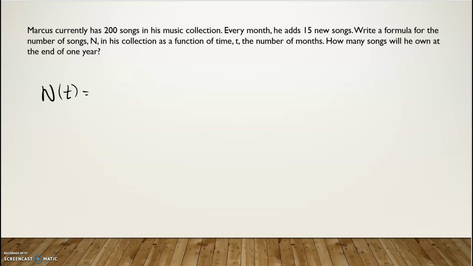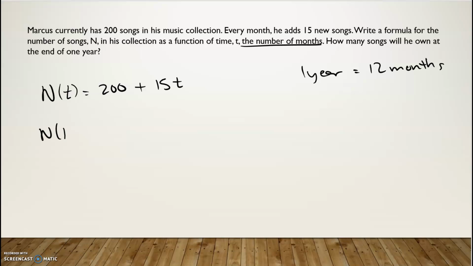Is it a year from now? So this is equal to, all right, he starts off with 200. So he already has 200. And then plus, for every month, he gets 15 new songs. So 15 times t, which t, remember, is the number of months. So there's our equation. And then it asks, how many songs will he own at the end of 1 year? Well, 1 year is the same thing as 12 months.